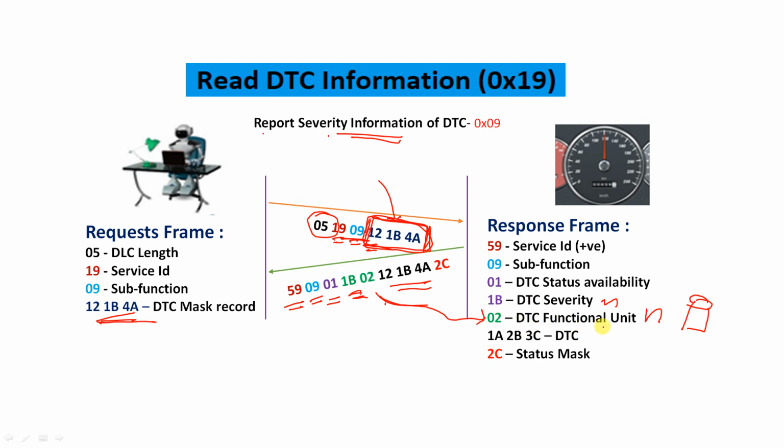DTC functional unit is a kind of separate group, and for each functional unit, they have a few DTCs. All right. So this is the status of the DTC. Sorry, not status mask, it is the status of the DTC. At this time I don't want to go deeper because you may be aware of the status of DTC.